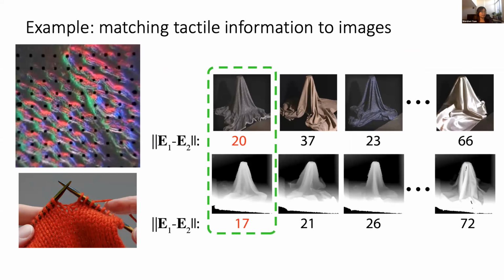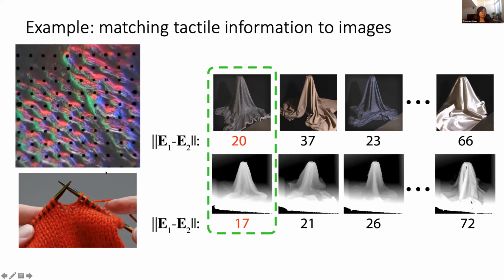We feed the tactile data into the tactile neural network, and the visual data into the corresponding visual neural network, and all of them generate vectors that describe the properties of the materials. And we compare the distances between those vectors that we obtained from different inputs.